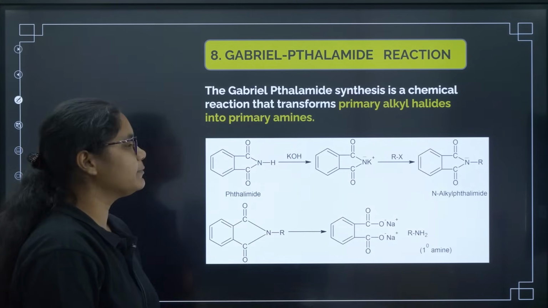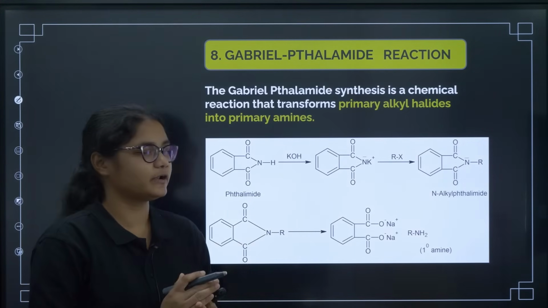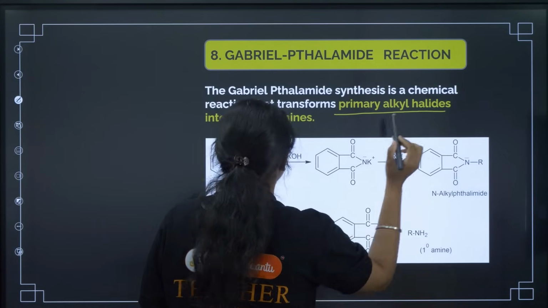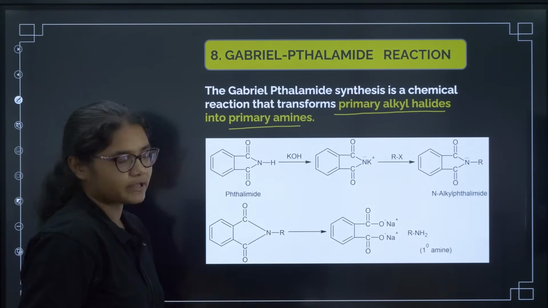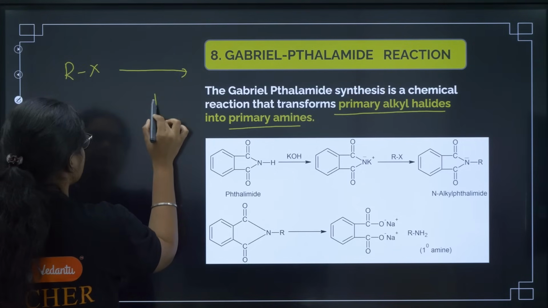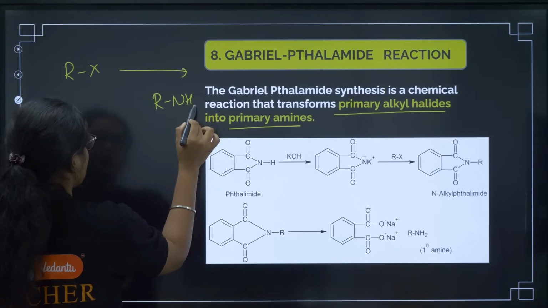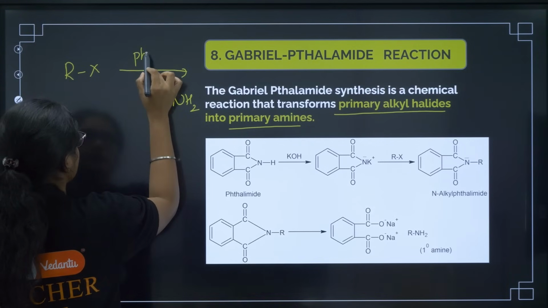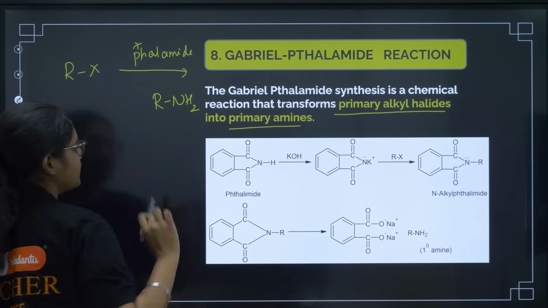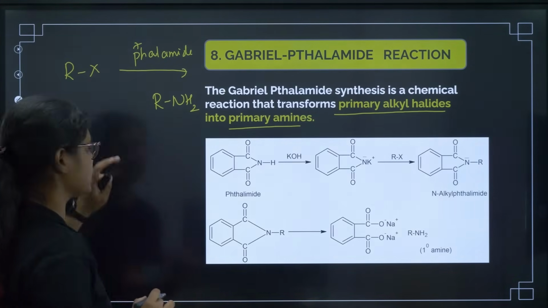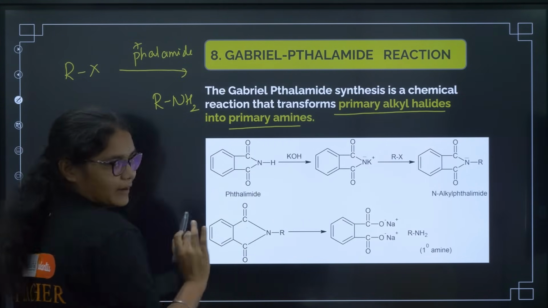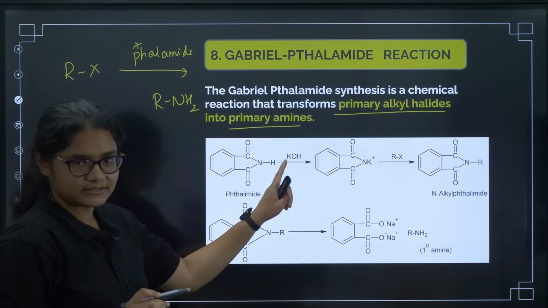Next one, Gabriel Phthalimide reaction. This is very important. What is the chemical reaction that transforms the primary alkyl halides into primary amines? So understand, we have primary alkyl halides getting converted to primary amines in the presence of phthalimide. First of all, you can see this reaction in a little detail. This is a structure called phthalimide. When you take KOH, it is a base.